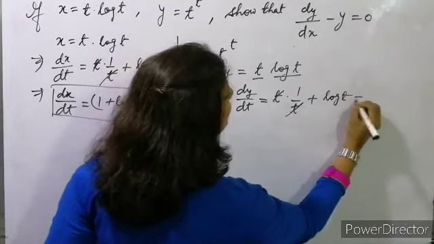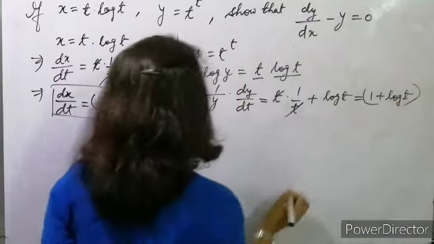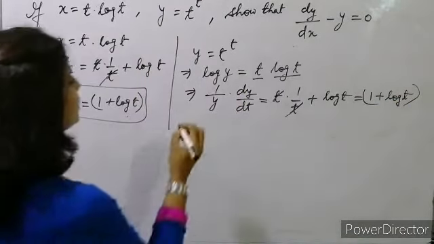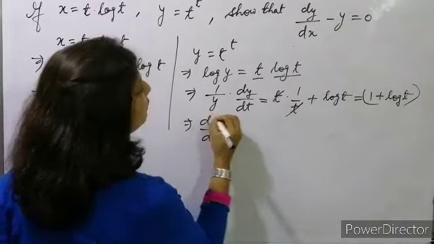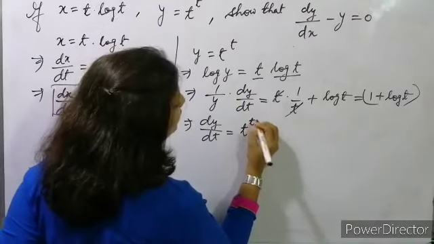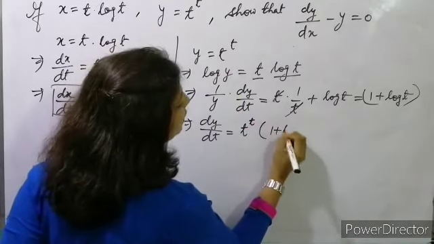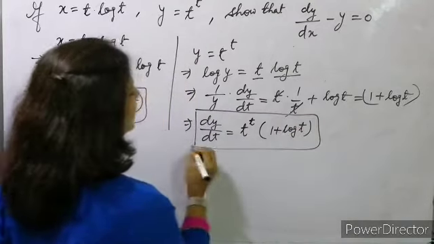Now this will be cancelled, and 1 plus log of t. Okay, so what will be the value of dy upon dt? We have to write the value of y, so y is t to the power t into 1 plus log of t. This will be the value of dy by dt.